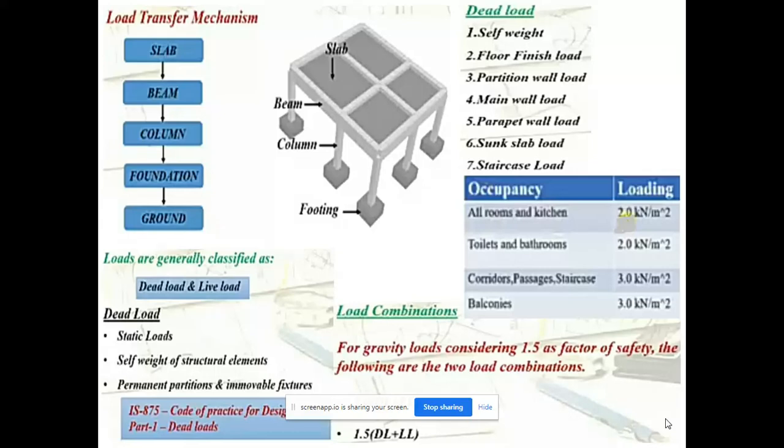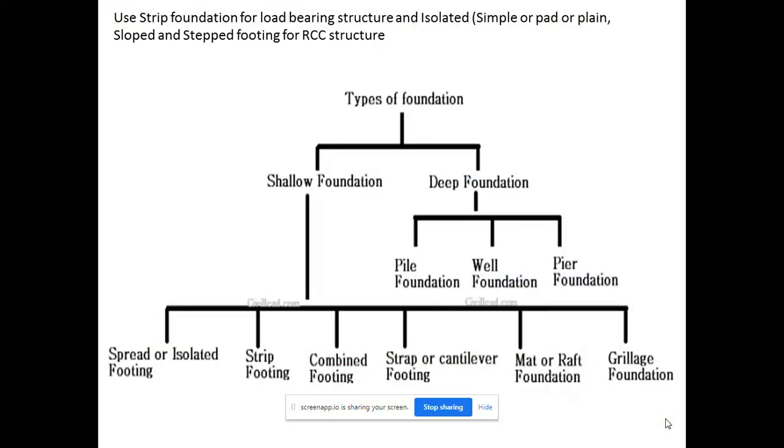The loading which can be observed can be calculated based on per meter or per square meter. Under these, loads can generally be classified as dead loads and live loads, as you can see in the slide. So the first and foremost thing is that we need to lay a foundation in order to proceed with the other processes of construction.